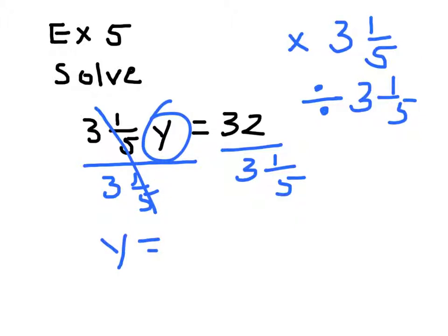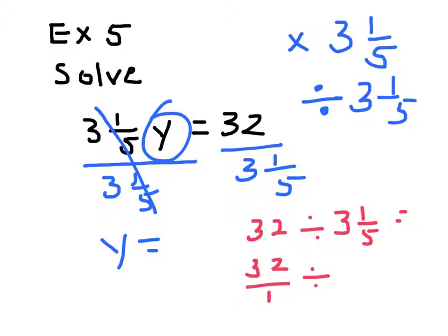Now, I need to figure out what 32 divided by 3 1/5 is. Or in other words, 32 divided by, how do you divide mixed numbers? Change them to improper fractions. So 5 times 3 is 15, add 1 is 16/5. I'm running out of room, so I'm going to put this up above what I just wrote.